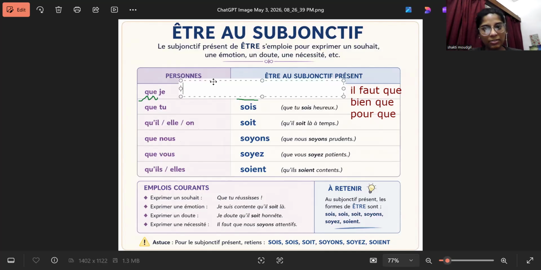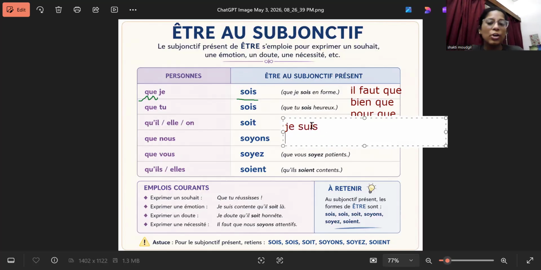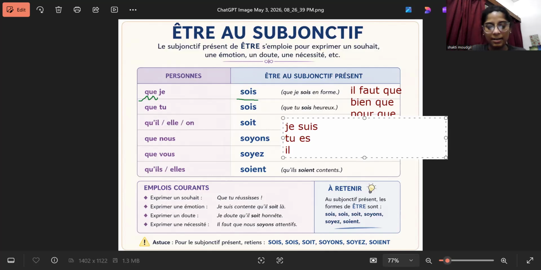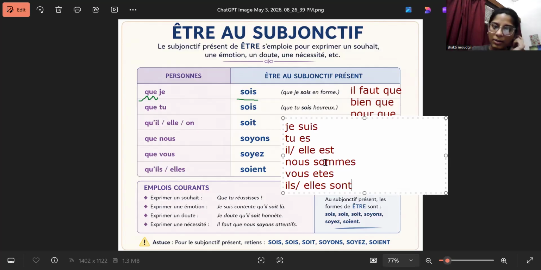If you look at être in the indicative form, that is the normal form that we've been learning since A1, the conjugation would look something like this. Je suis, tu es, il, elle est, nous sommes, vous êtes, and ils, elles sont. Okay.